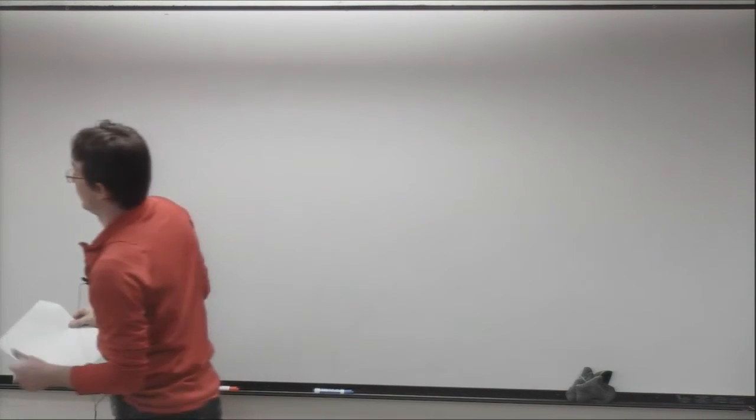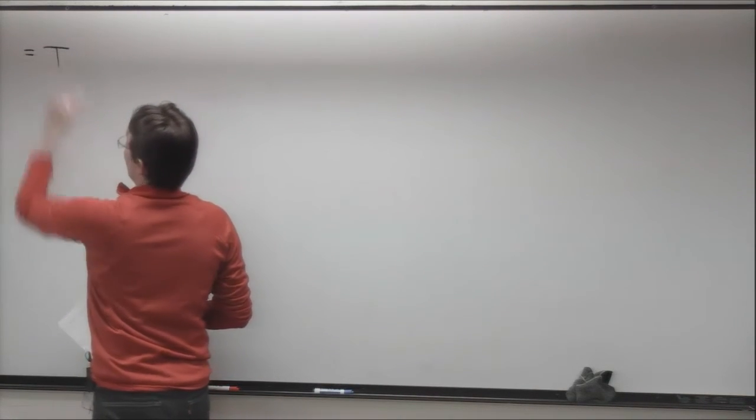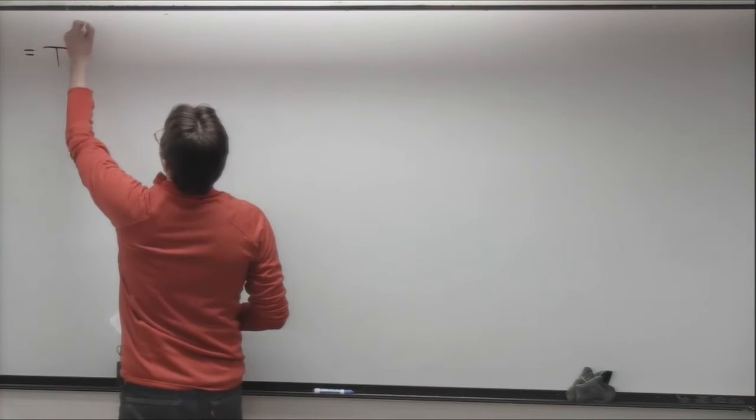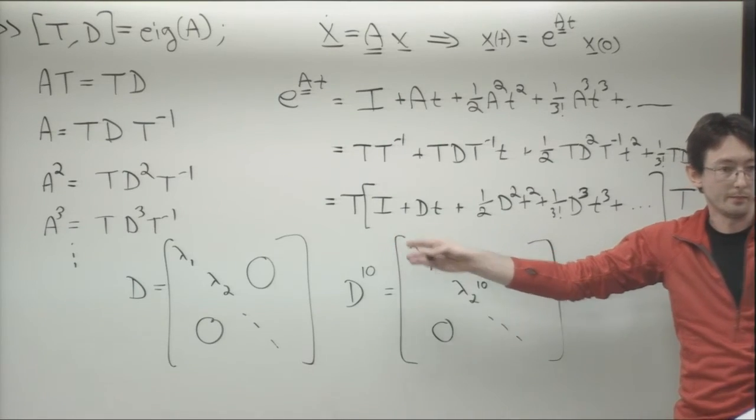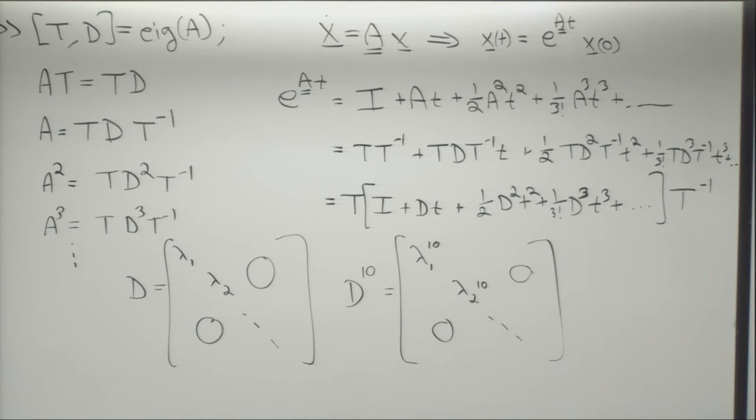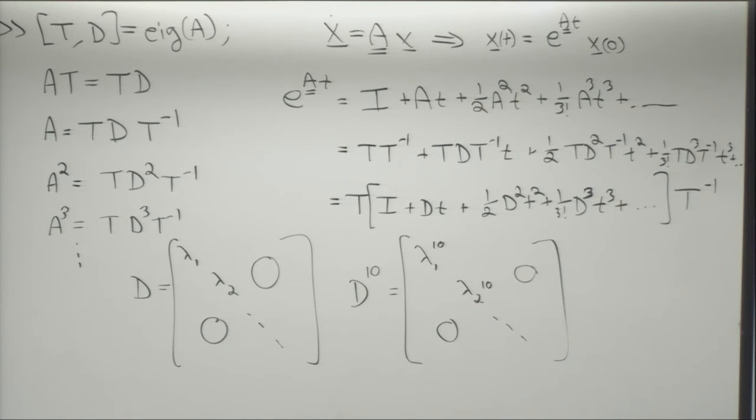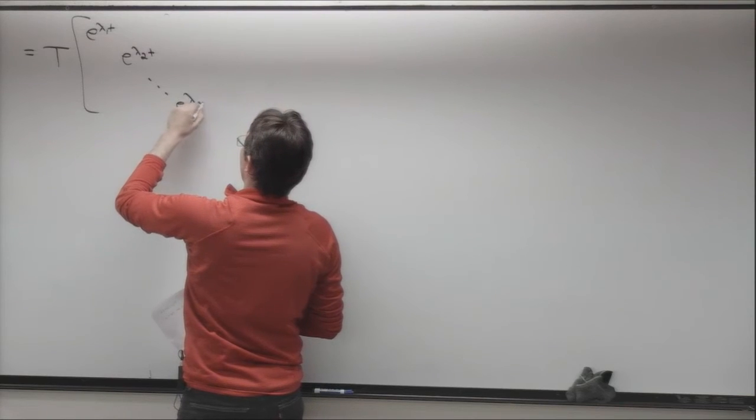So what I get is T times, now this thing looks like e to the Dt, and that's e to the lambda 1 t, e to the lambda 2 t, dot dot dot, e to the lambda n t.